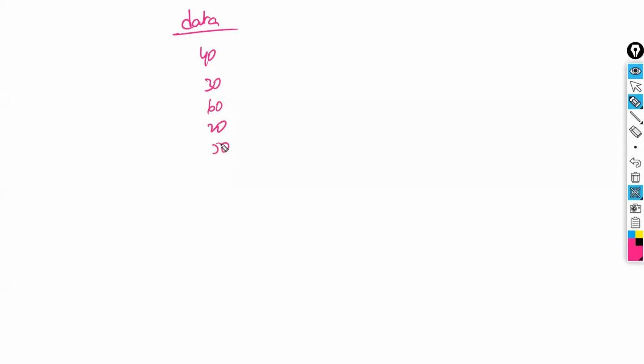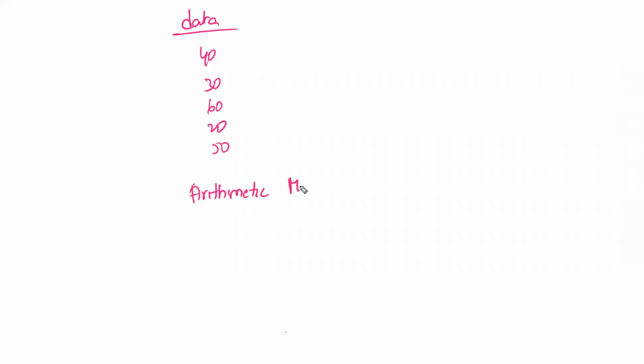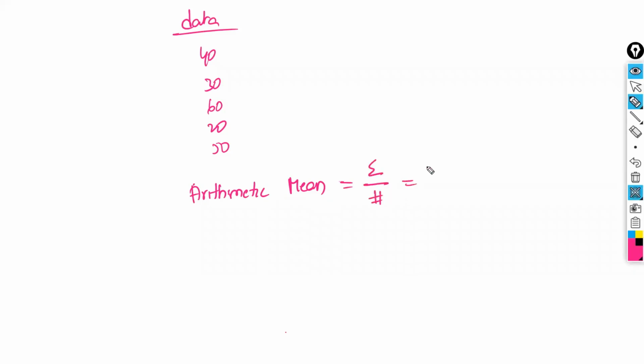For calculation ease, I have taken round figures. Now I'm having 5 data points like this. If you apply the arithmetic mean, which is generally also simply called the mean, by default arithmetic mean, you take the sum of the data points divided by total number of data points. The sum is 200 and the number of data points is 5, which gives 40.